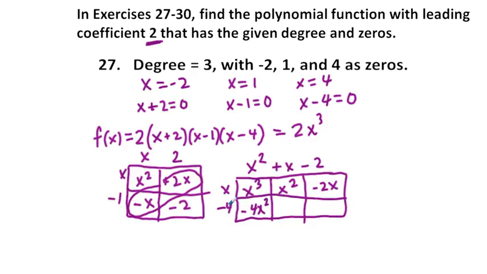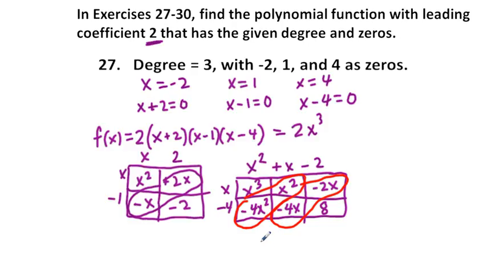Negative 4 times x is minus 4x, and negative 4 times negative 2 is going to be 8. So we work all this together, combining terms: negative 4x squared plus x squared, and then negative 4x minus 2x.